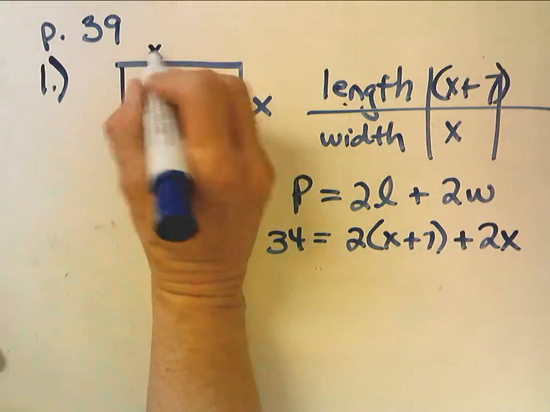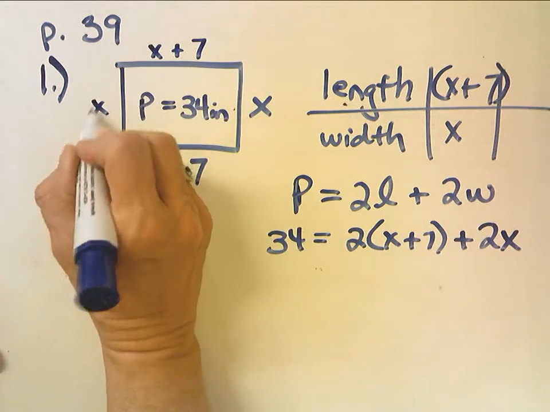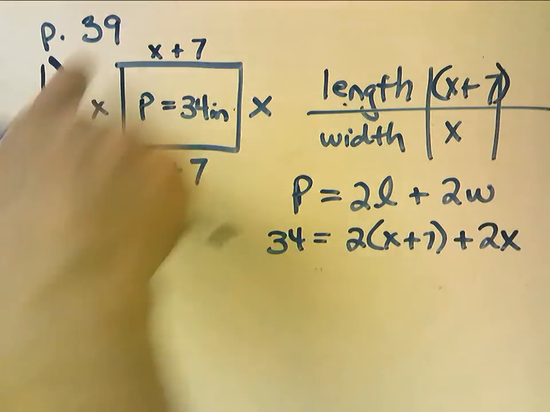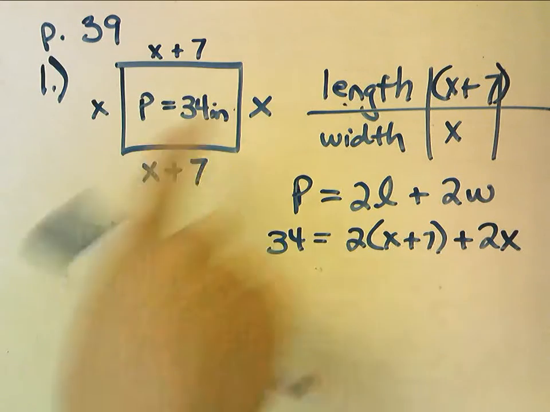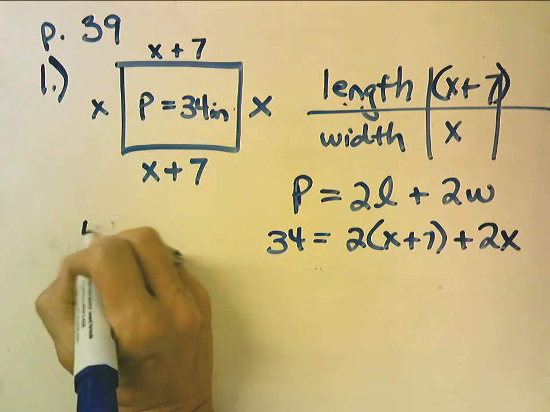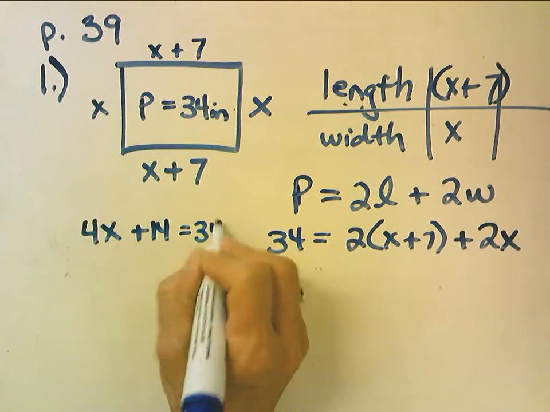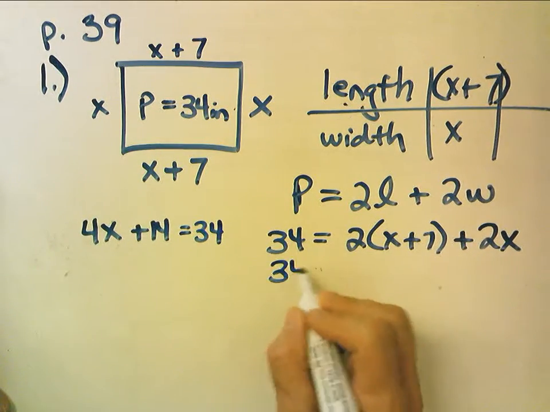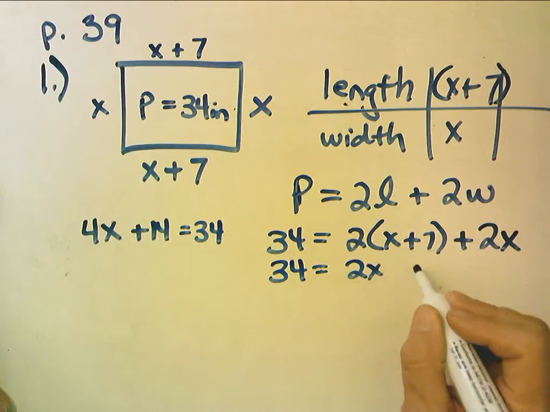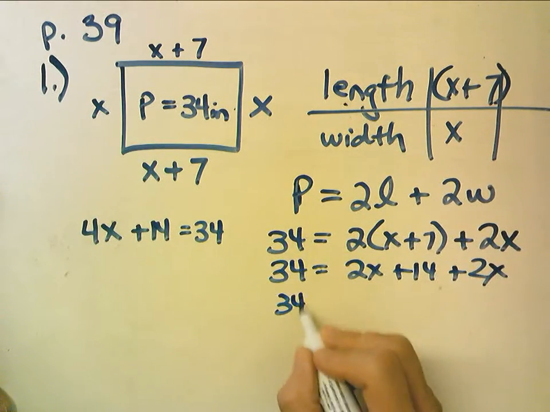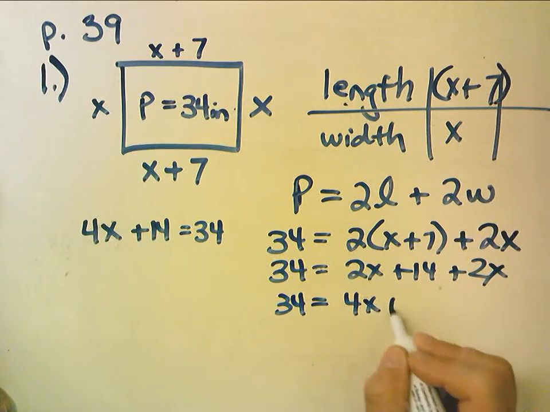Another way to solve it is to label all 4 sides of your rectangle and just add them together this way. I notice there's x, x, x, x, so there's 4x plus 14, and that equals 34. If I solve the first way, I get 2x plus 14 plus 2x, and I eventually get 4x plus 14.